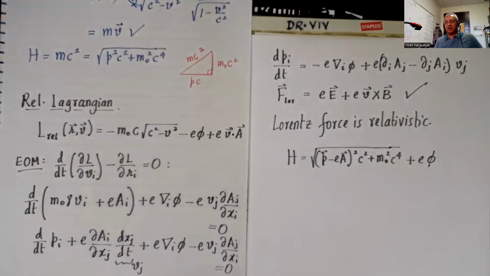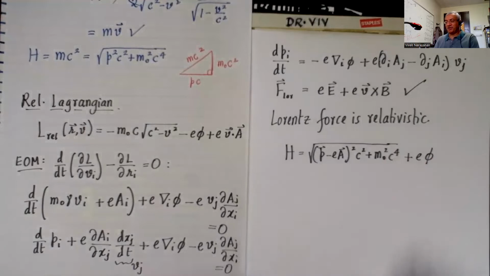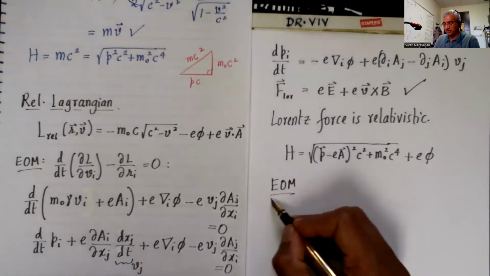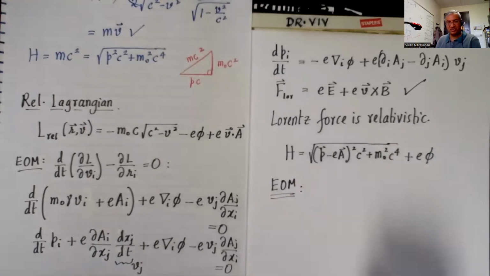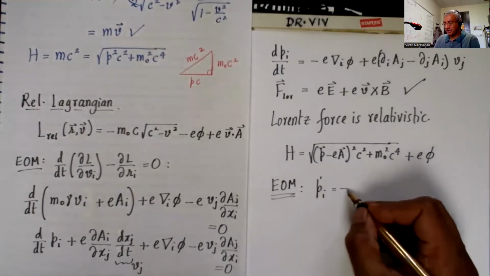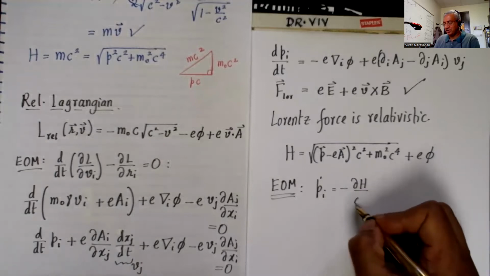And I will leave it as an exercise for the interested students to show the Hamiltonian equations of motion. Well, one of them will recover the so-called Legendre transformation, and the other one will give the Lorentz force. Okay, so p_i dot is negative del H over del R_i.